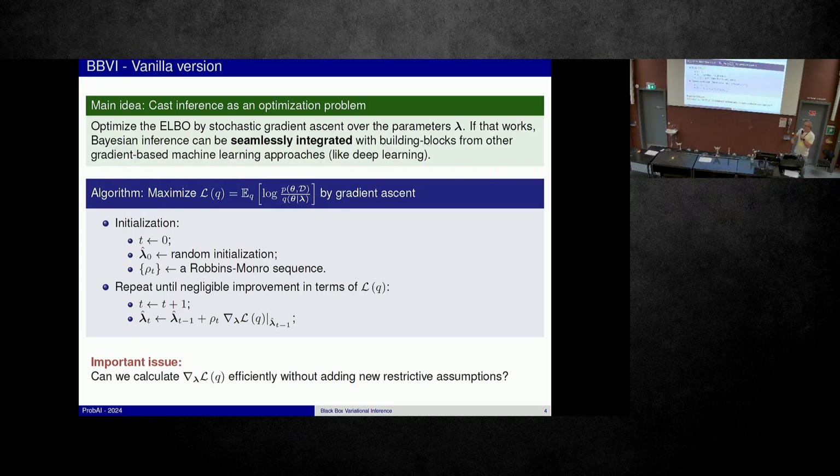We are still therefore doing continuous optimization, trying to find the lambda vector that fits our purpose best. And by fitting our purpose, we mean optimizing the ELBO. So this is all good and nice as long as we can calculate this thing here. And now we will see how we can do that without making new and restrictive assumptions on the modeling class P or the approximation class Q.